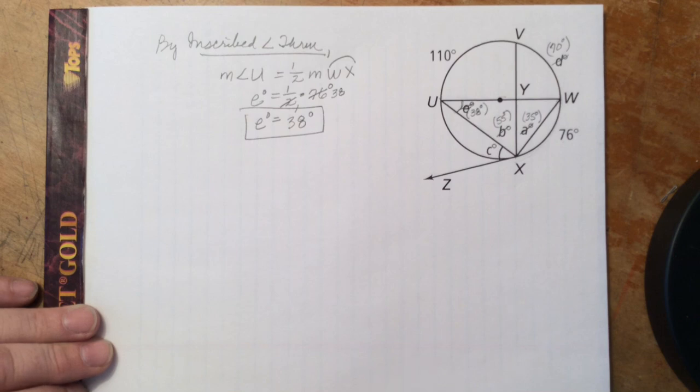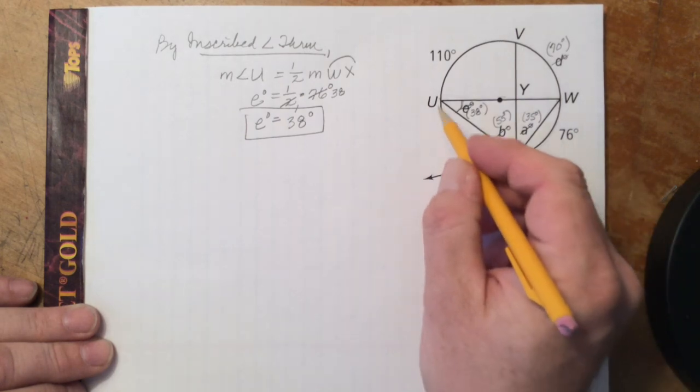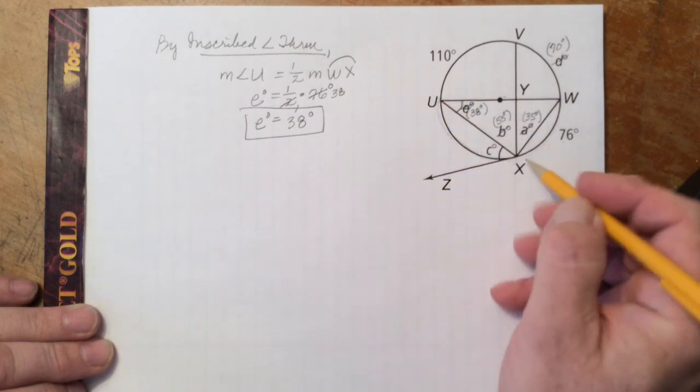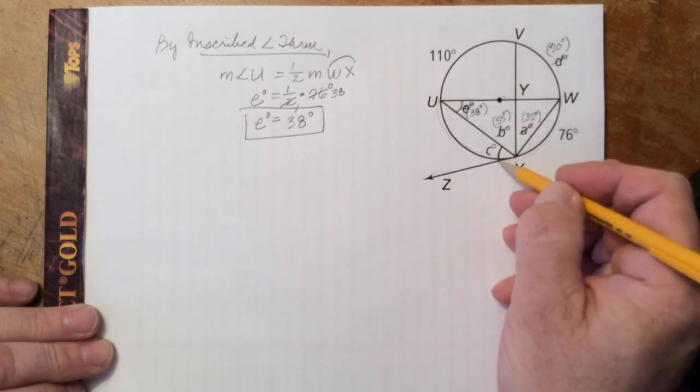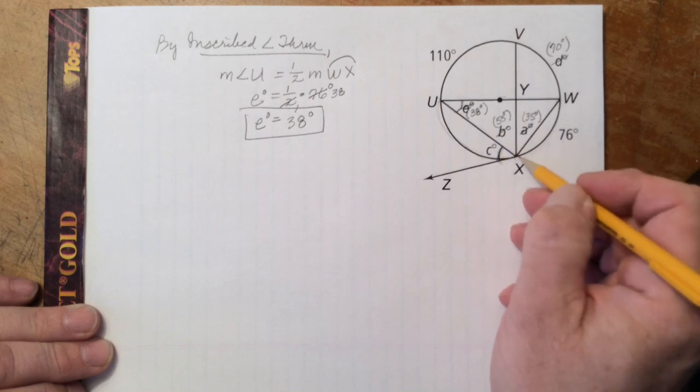Take a look now at the measure of arc XU. It's right here. If we had the measure of that arc, we could find the measure of this angle. And we could find the measure of this angle by the tangent chord theorem.